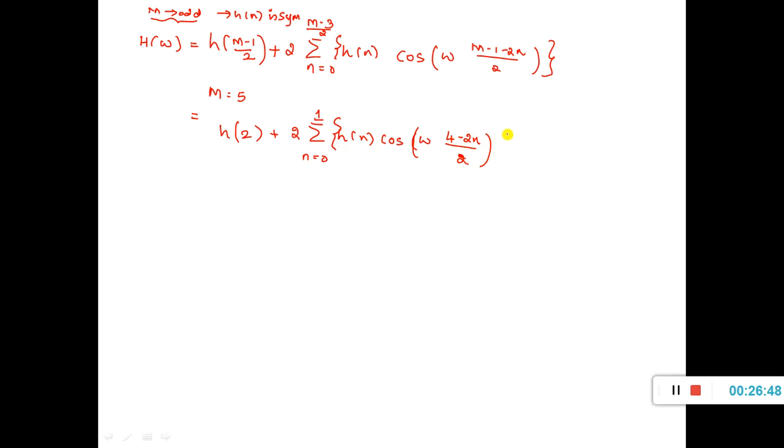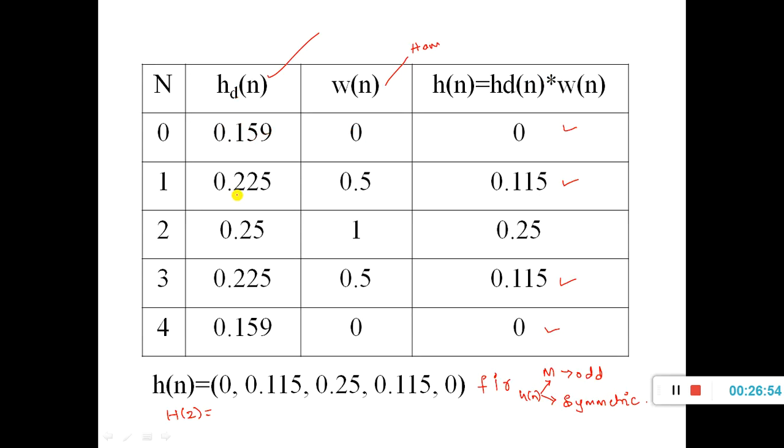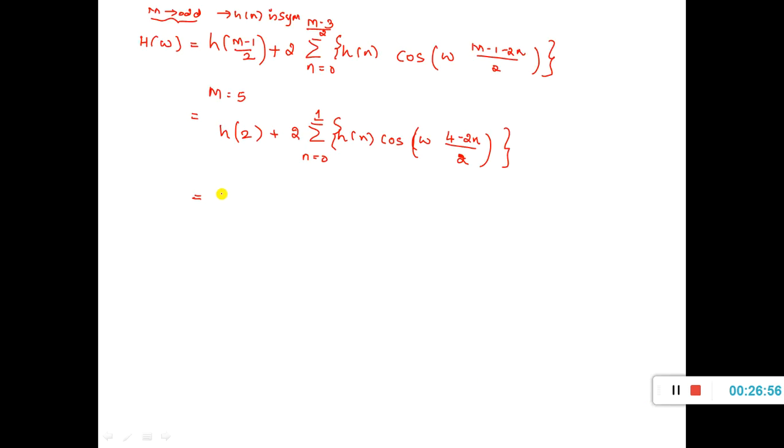So this is the standard format, and just substitute h of 2 value here. So h of 2 we received 0.25.